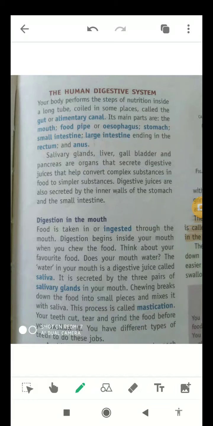Okay students, as we all know, our body performs the steps of nutrition inside a long tube that is coiled in some places, also known as the gut or alimentary canal.